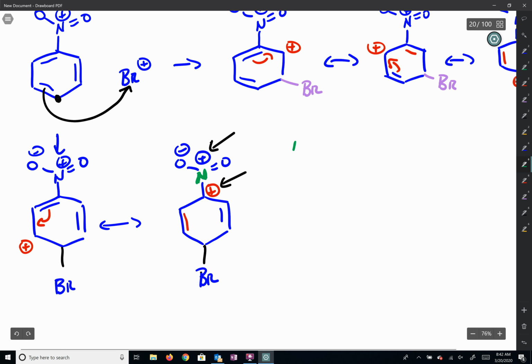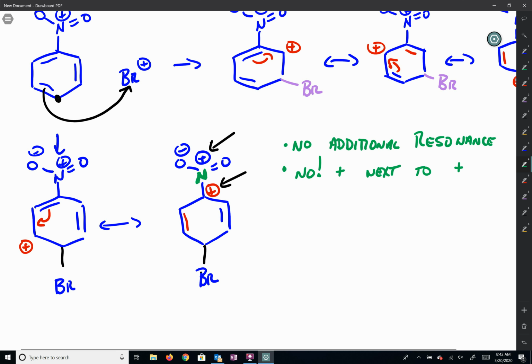So we have no additional resonance and a positive next to a positive. We do not want to have a positive next to another positive. That is not a good stabilizing thing to have.